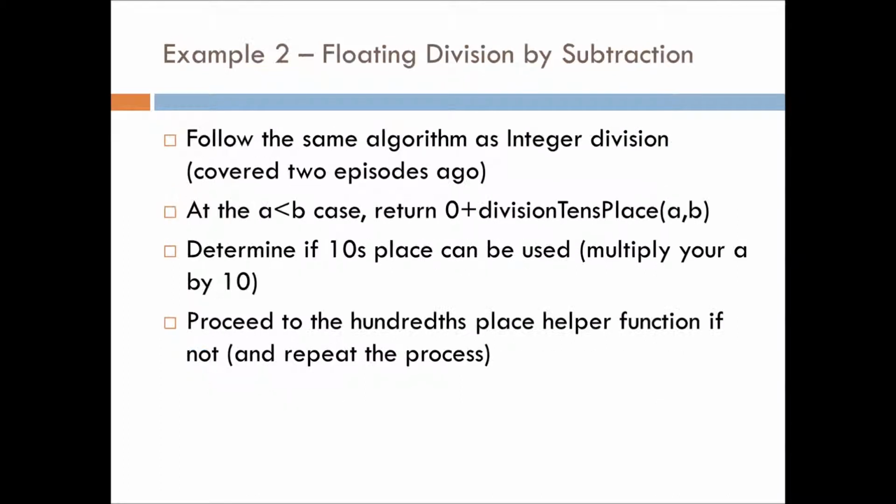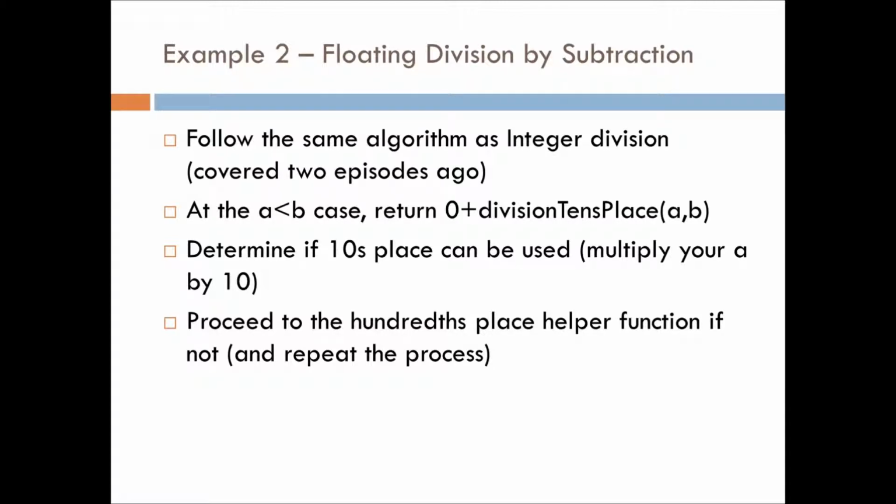Okay, let's look at our next example: floating division by subtraction. You follow the same algorithm as integer division. At the A is less than B case, however, instead of just returning 0, you are going to do a new calculation, which is 0.0, because you can't go any further.